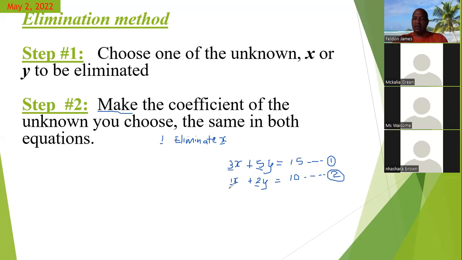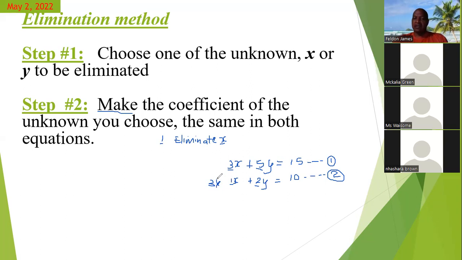What you have to now do is think about multiplying the second equation with the same coefficient that is in the first. So you want now to make this x down here become 3x. So you multiply the second equation by 3. Now remember, it's an equation.